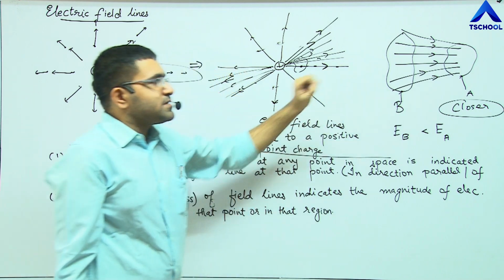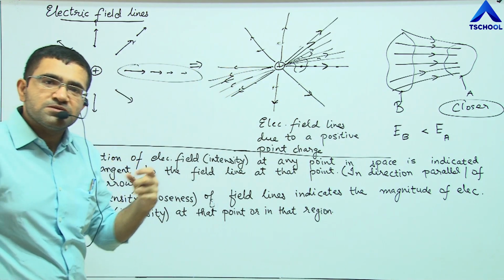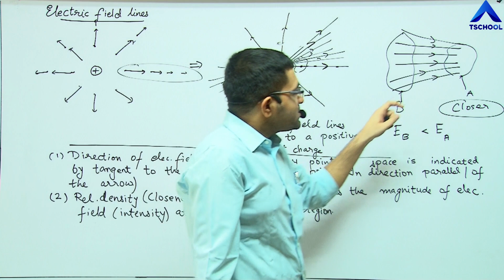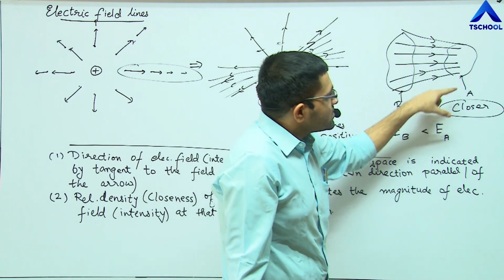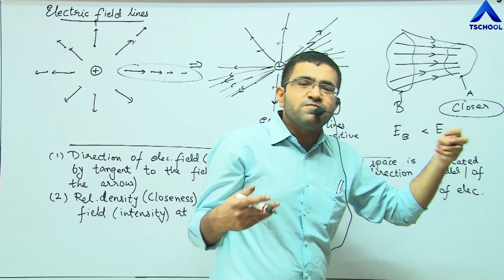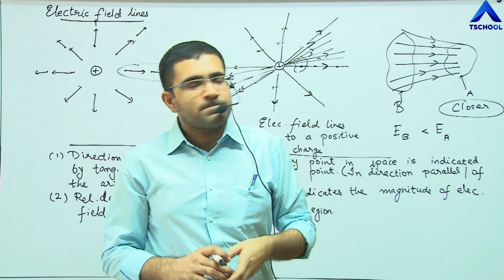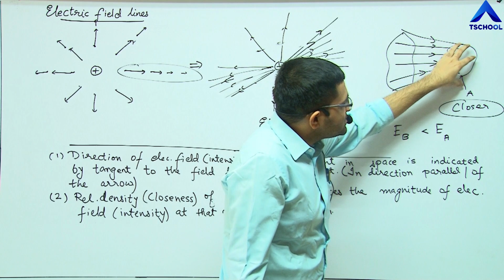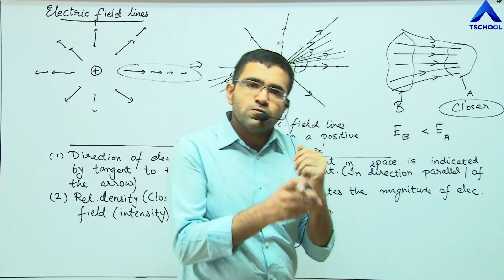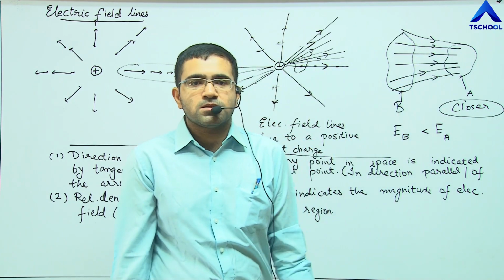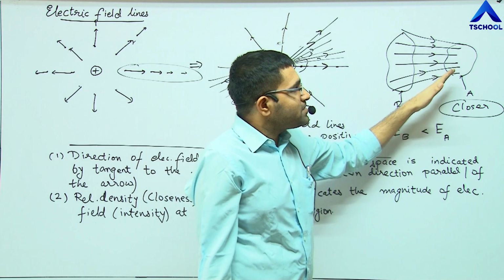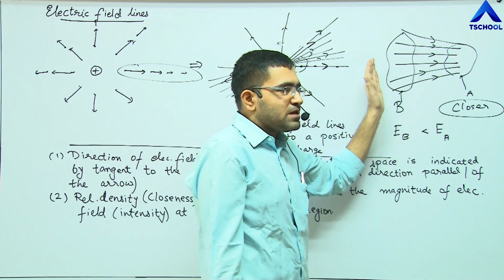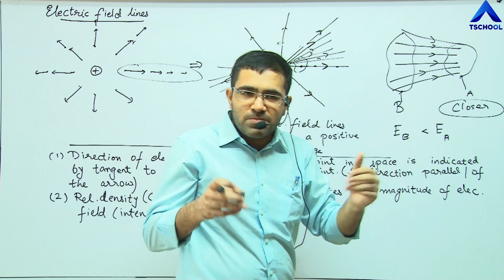The second one is represented by that diagram. Suppose this is some arbitrary or random field line diagram. You could see that the field lines in this region A are close to one another, right? While on the other hand, over here at B, they're slightly far apart.